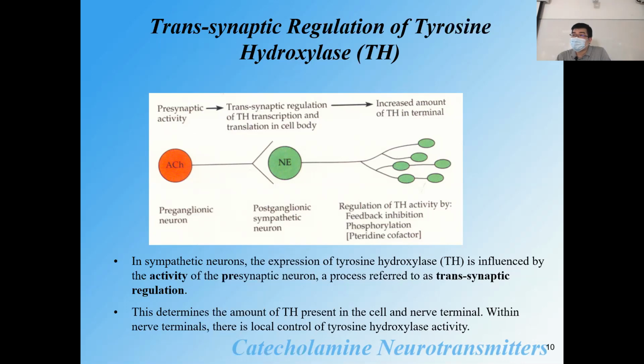So what's the difference between these two types of regulation? So we have the regulation at the terminal, and we also have the transsynaptic regulation. So why would the neurons have two types of this kind of regulation? What's the function of it?